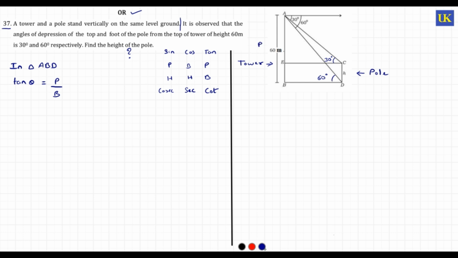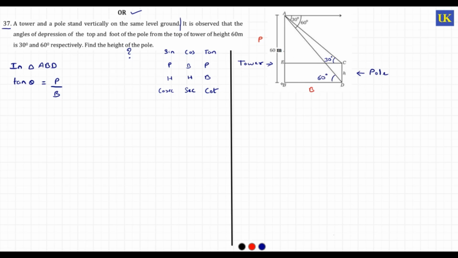So guys, if I'm taking this as theta for this particular triangle, in triangle ABD, to find BD, then the AB side will become the perpendicular, and BD will become the base.